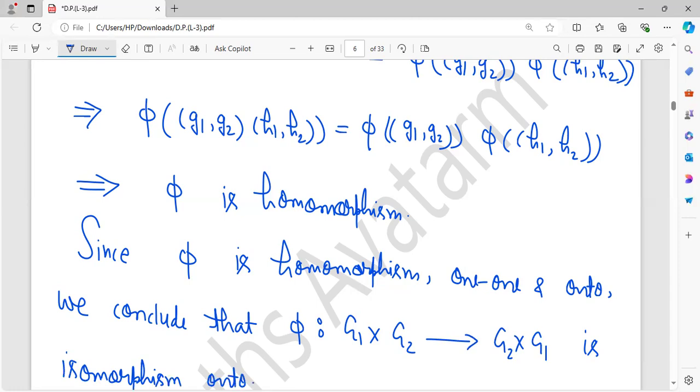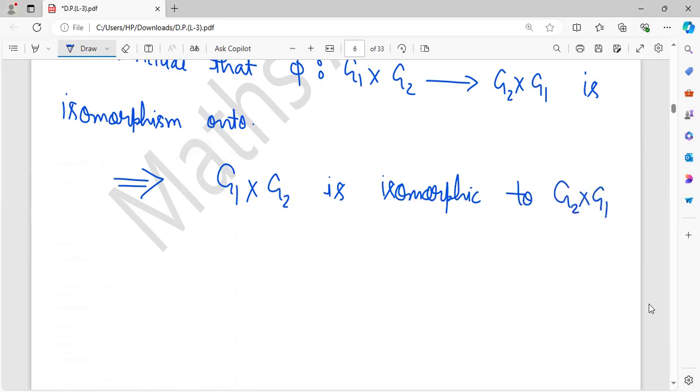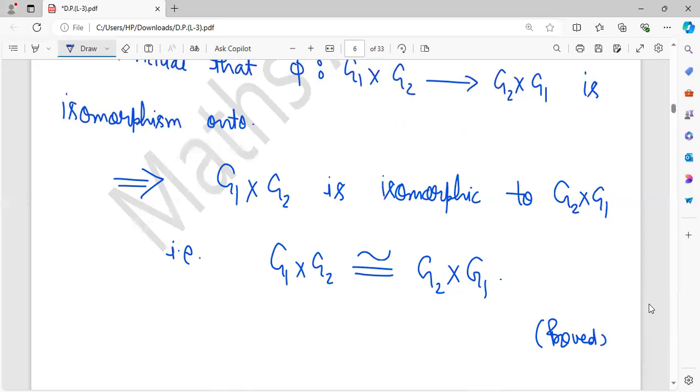So isomorphism onto means what? This implies G1 × G2 is isomorphic to G2 × G1. It means the external product of G1 by G2 is isomorphic to the external product of G2 by G1. So this is true. The theorem is completely proved. We have proved all 4 parts.